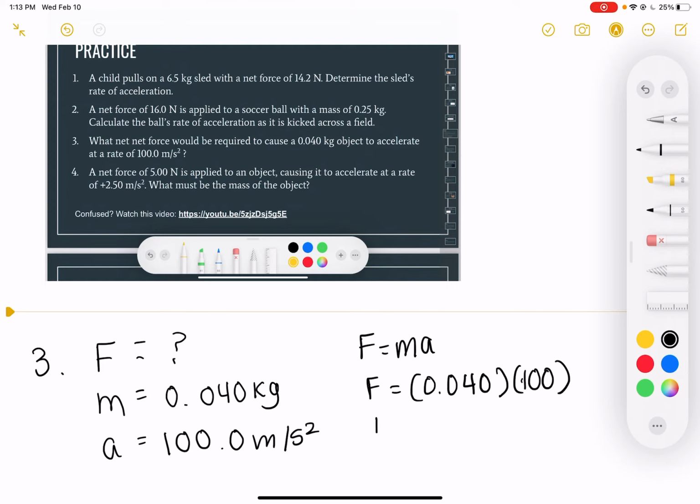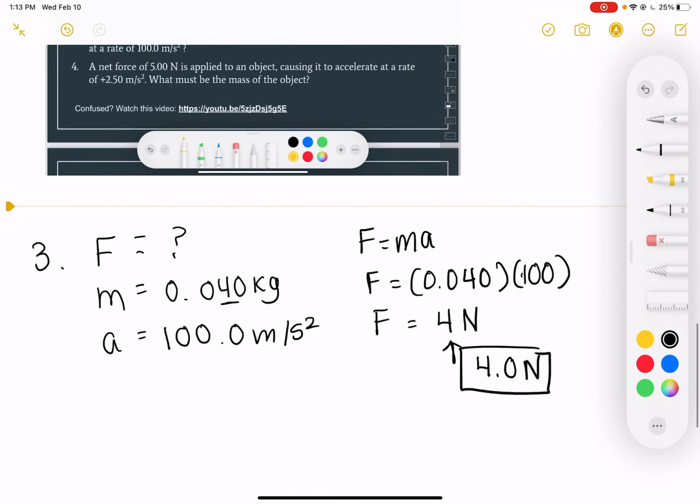And when I multiply those together, I get 4. That's a force, so it should be in newtons. Notice that our question has at least 2 significant digits here. So if we're doing significant digits, this answer should be 4.0.